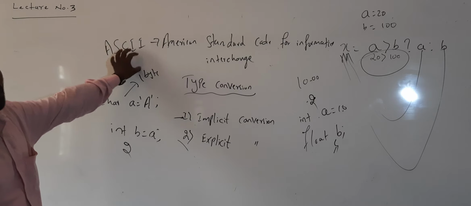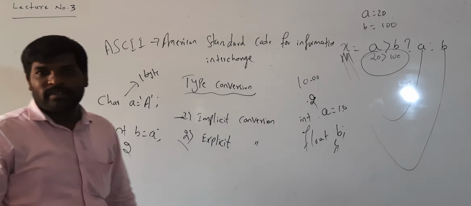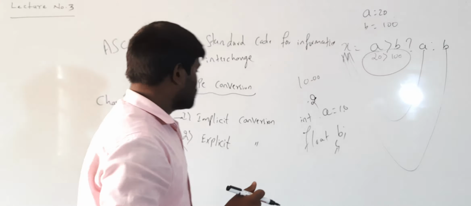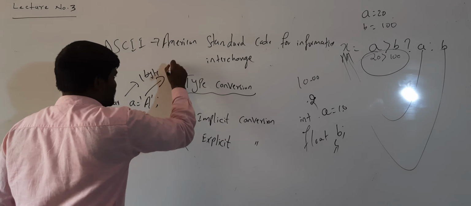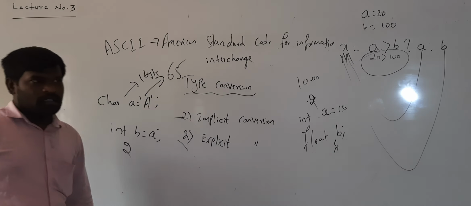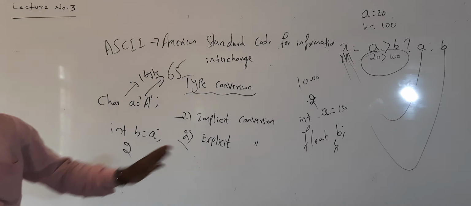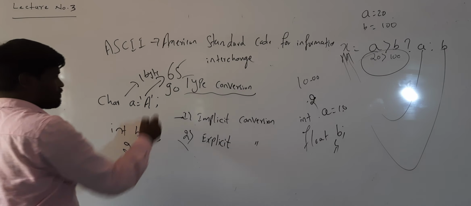So this is the one committee. They have given one unique number for all the characters present on the keyboard. See here, char a = 'A'. Its ASCII value is 65. The characters start from 65. Next in continuation, capital B is 66, capital Z is 90.